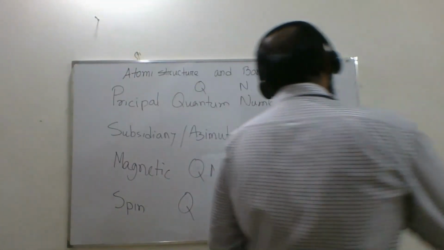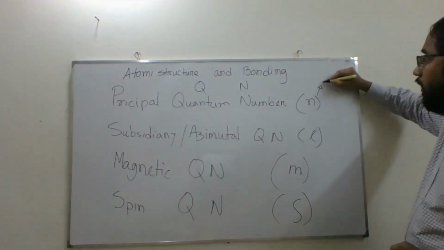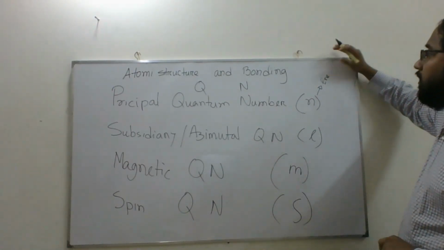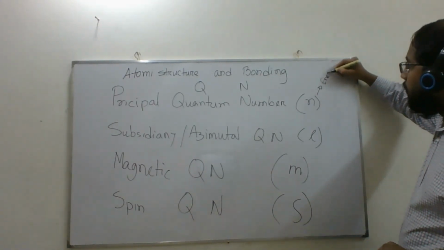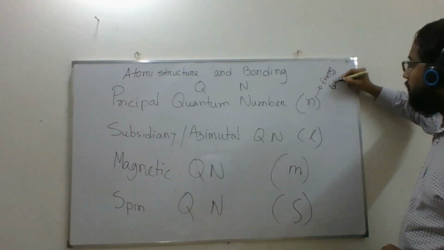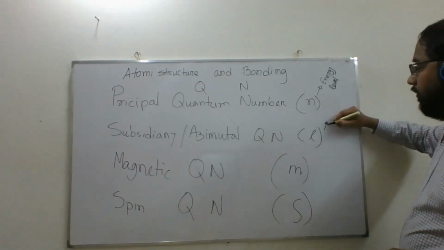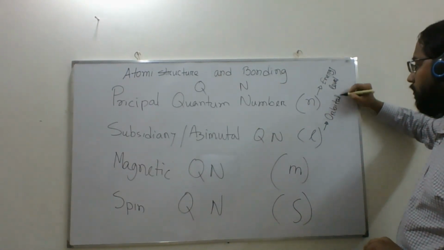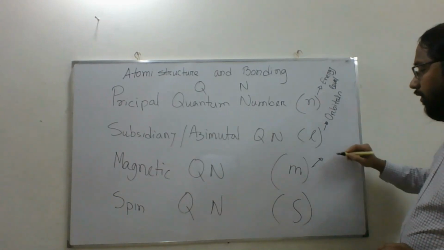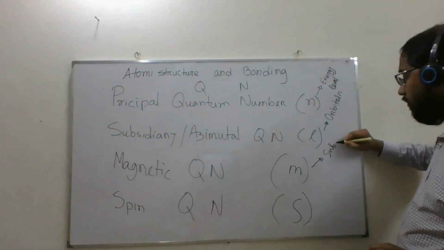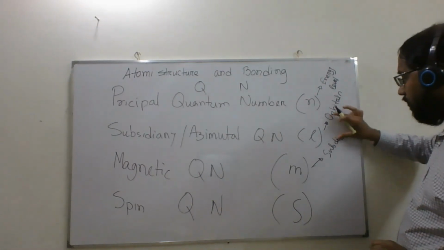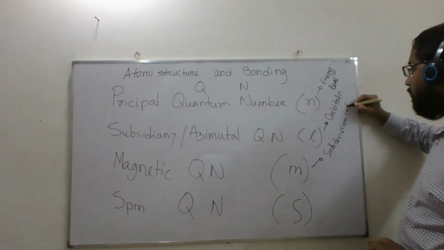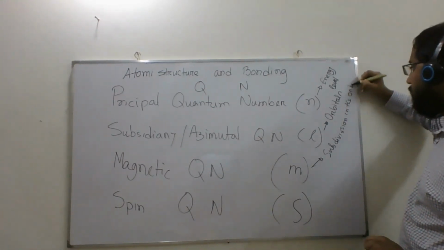Now, N always represents the energy level. That means we know the energy level, which is the allowed energy level according to Bohr's model. L always represents the orbitals in an energy level. M always represents the subdivision in the orbitals.